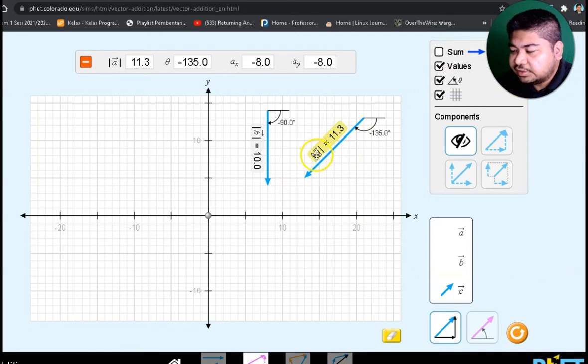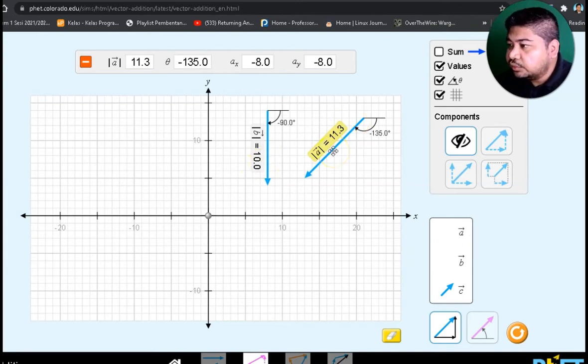Vector A is actually the force, because I cannot change the convention that PhET used for the vector. So we are going to assume A as the external force with a magnitude of 11.3 Newtons, and the angle from here to the vector force is 45 degrees, but in the simulation it gave us this angle, 135, which means that this angle is 45 degrees, and then this is the weight.